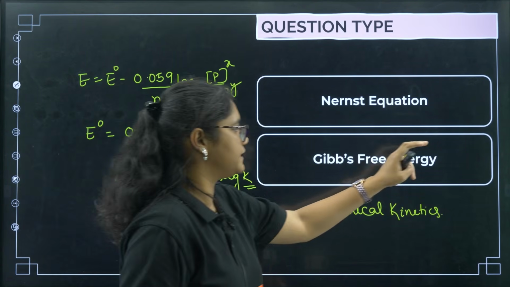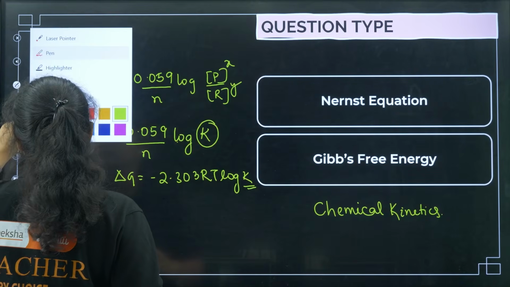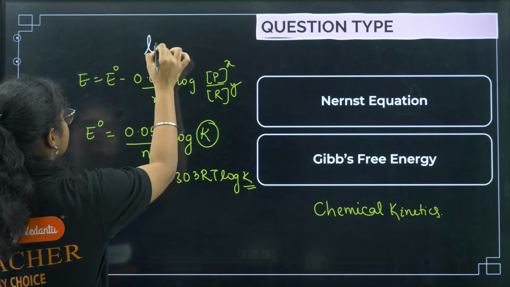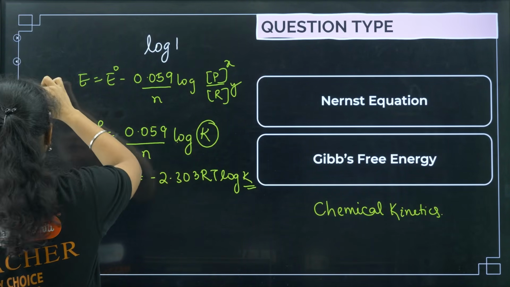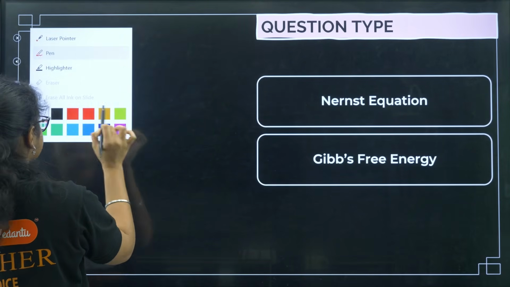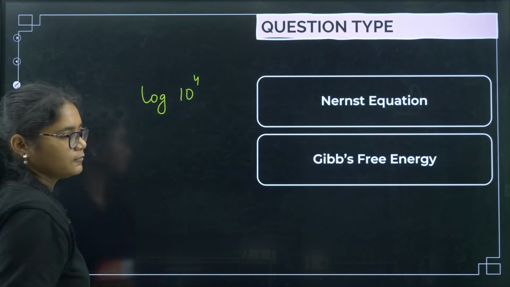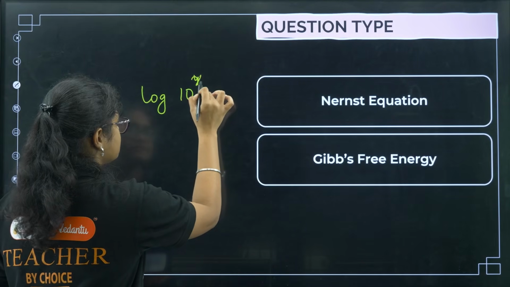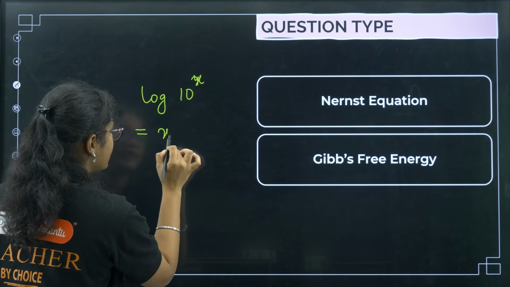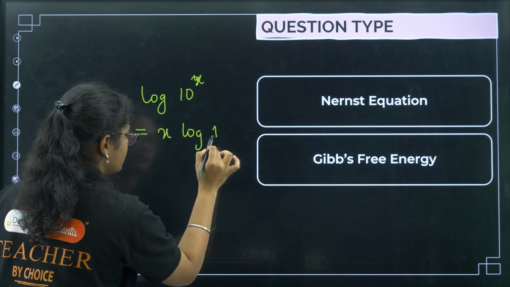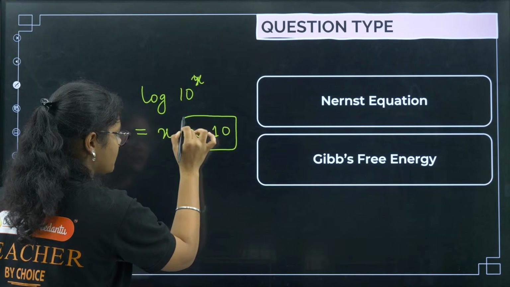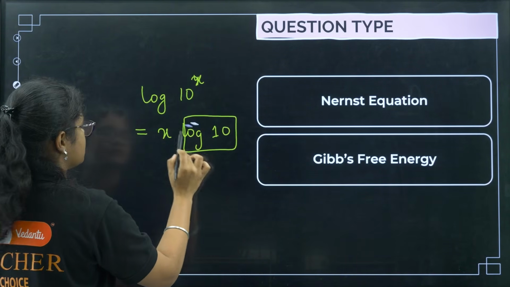I will be telling you some basics now. Suppose you have log of 10 to the power of x. That is equal to x log 10, and the log 10 value is 1, so that is equal to x.